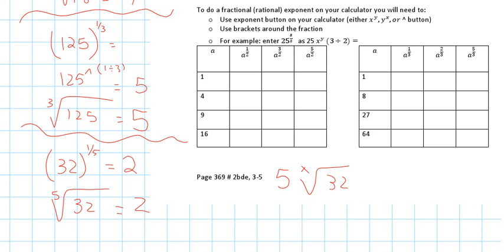So you see that if you look here, that denominator is your root, and you're ending up with the same answer. So if I raise it to the power of 1 over 3, or if I do the cube root, it's the same thing.